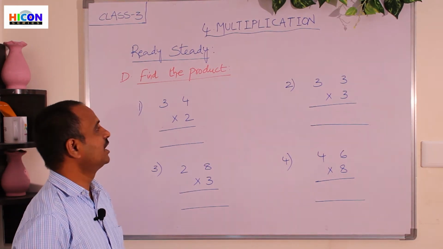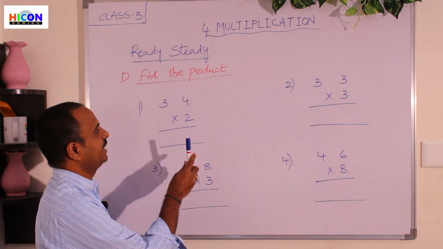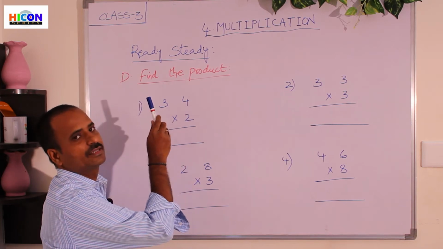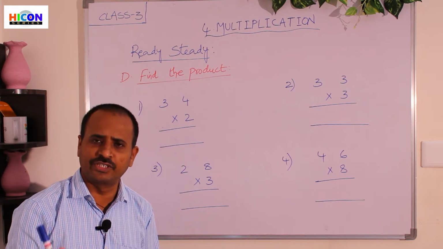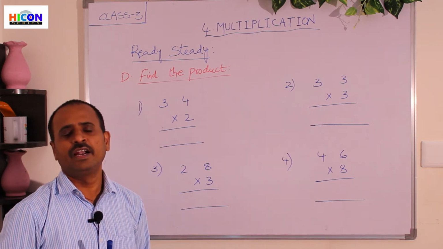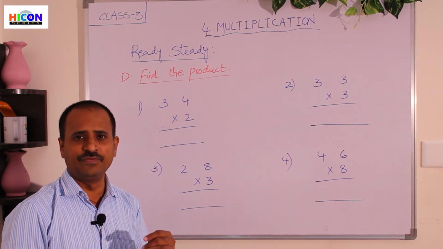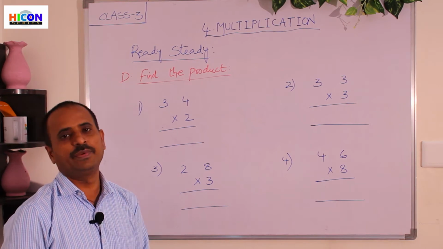Now do the multiplication. How can we multiply first? First we have to multiply this single digit number with the ones place. In the same way as we start addition from the ones place, and also start subtraction from the ones place, we have to start the multiplication with the ones place.